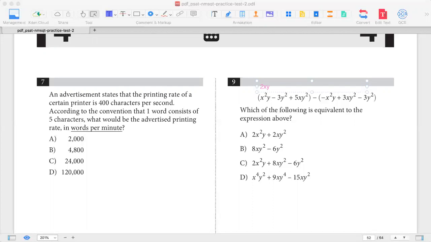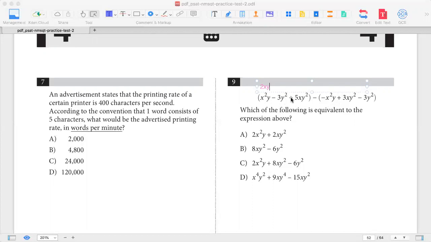So 2x squared y. Why? Because I have here x squared y and negative, so it means it will be positive. So x squared y plus x squared y is 2x squared y. Okay.